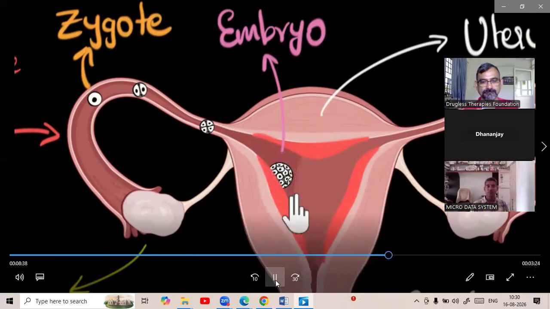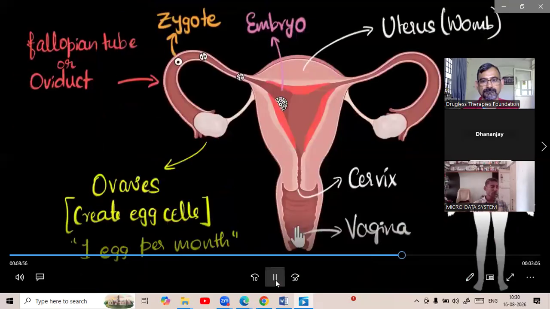This is what we call implantation, because it's implanting itself, and then it starts getting nourished from this particular blood. And now the embryo can keep on growing, and for the next 9 months it'll stay there until it grows into a big baby, big enough to finally come out from the cervix, come out from the vagina, and then we'll have a baby.